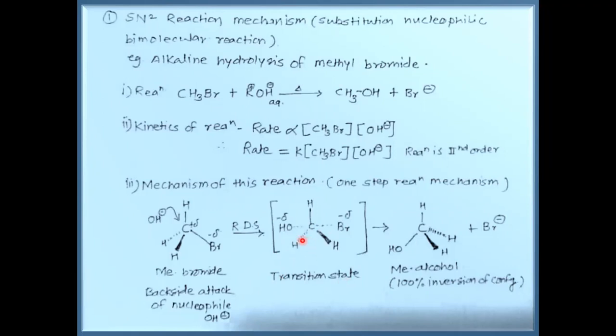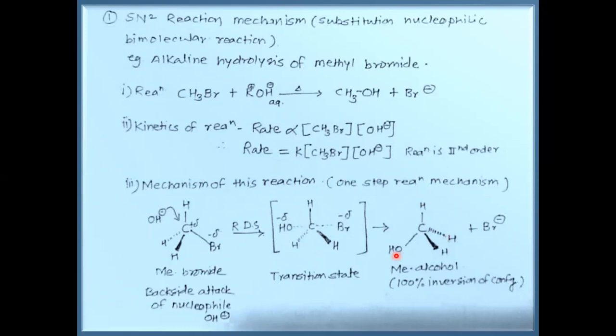What happens when the C-OH bond forms? When the formation of the C-OH bond is confirmed, the detachment of the C-Br bond takes place, and we get the product CH3OH, that is methyl alcohol.